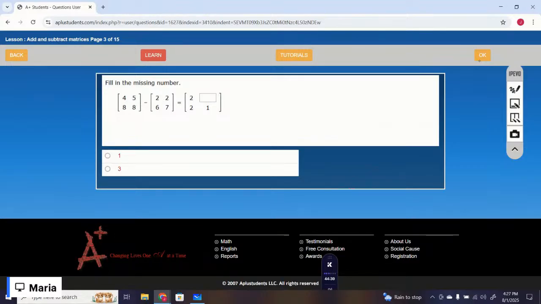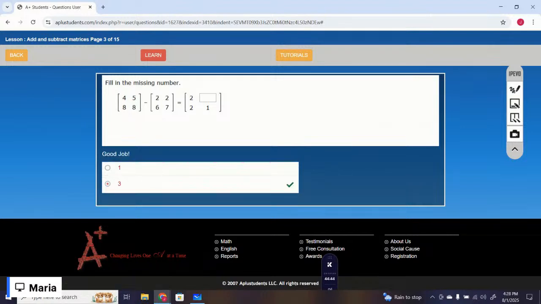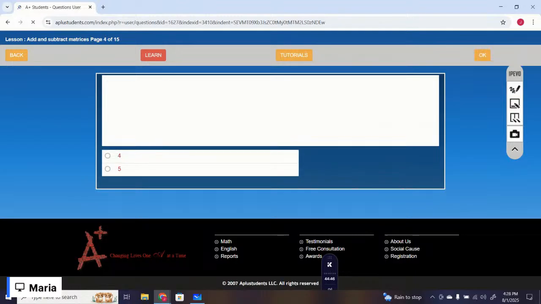That is 3. 5 it is. The correct option is 5. Option number 2 is the correct option.